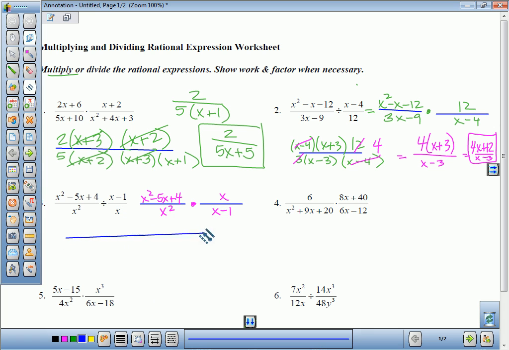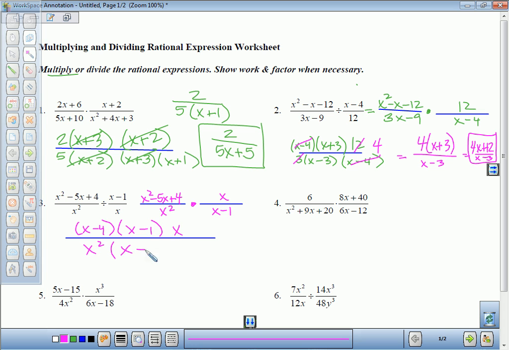So now we factor, and when we factor, we get x minus 4 times x minus 1, and an x, we got an x squared, and we have an x minus 1. So now we can cancel x minus 1, x minus 1. Two identical factors. This x cancels with one of those. So we are left with x minus 4 over x.